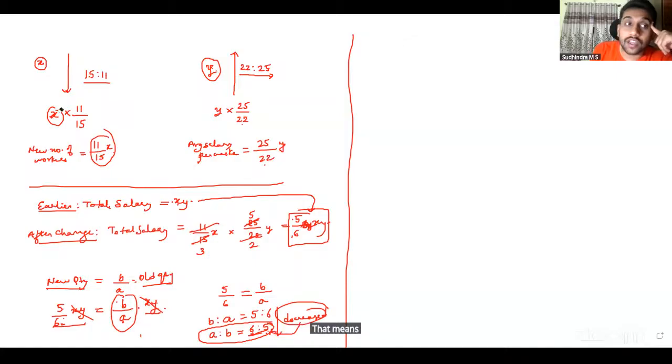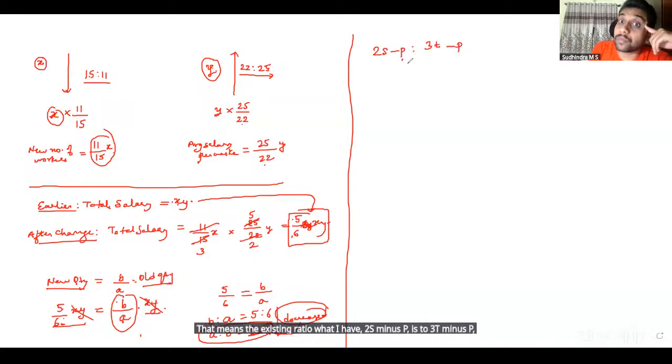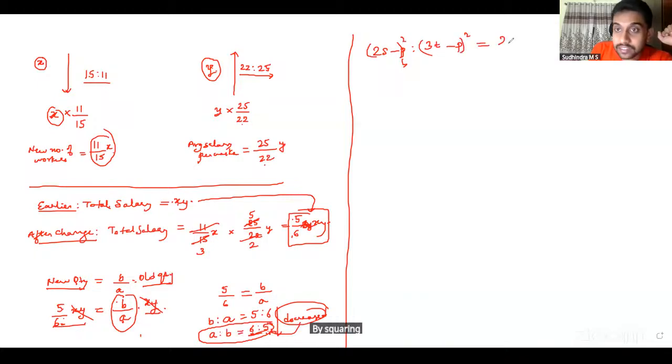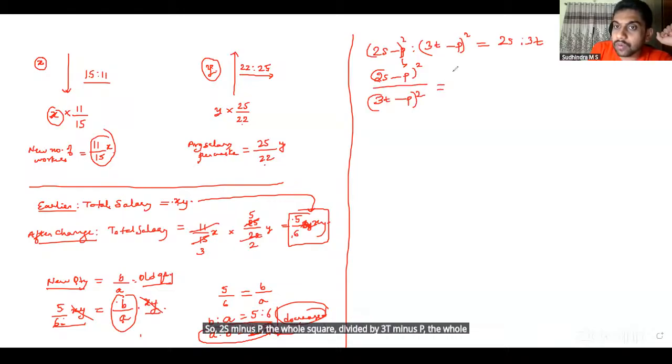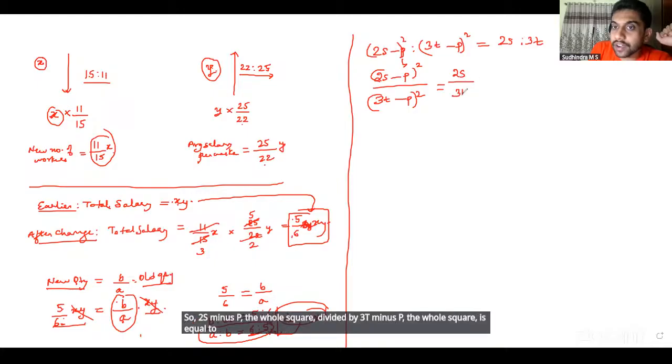That means the existing ratio I have, 2s minus p is to 3t minus p, this duplicate ratio, how do I get it? By squaring. Correct? So 2s minus p the whole square divided by 3t minus p the whole square is equal to 2s divided by 3t.